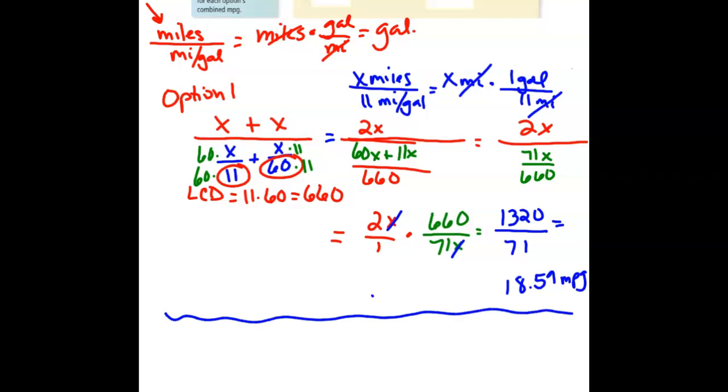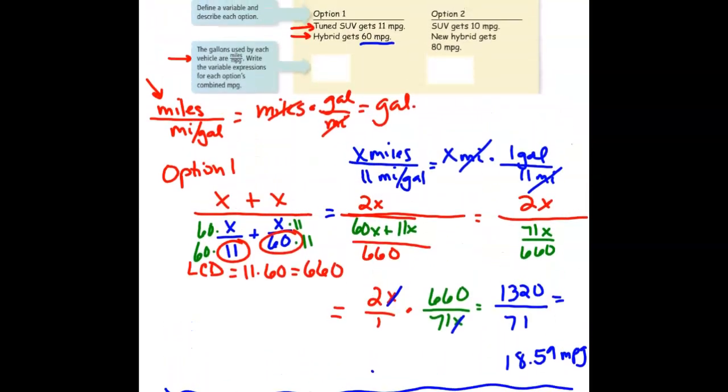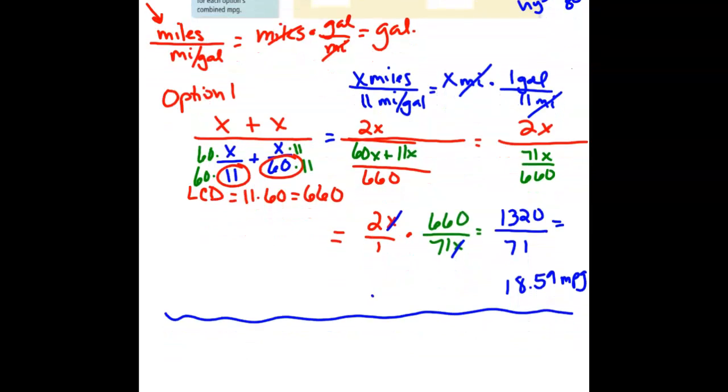All right, we're going to do the same kind of thing for option 2. This time with option 2, the SUV gets 10 miles per gallon and the hybrid gets 80. So total gallons for the SUV is going to be X divided by 10. Total gallons for the hybrid is going to be X divided by 80. All right, so let's set it up.